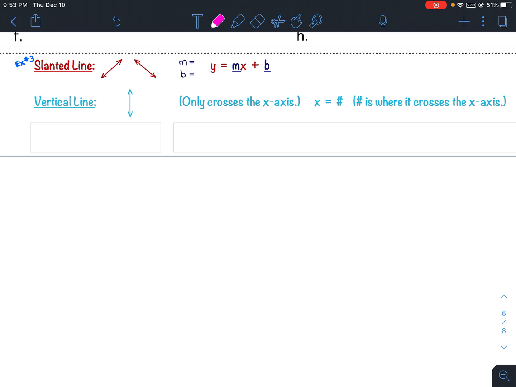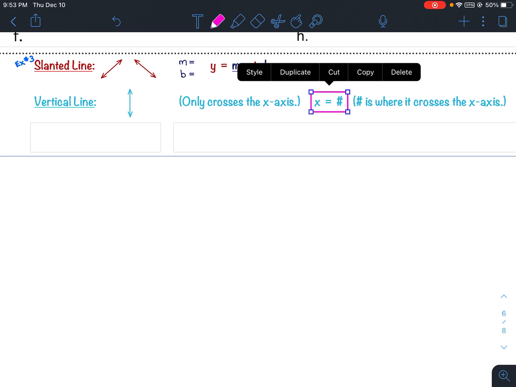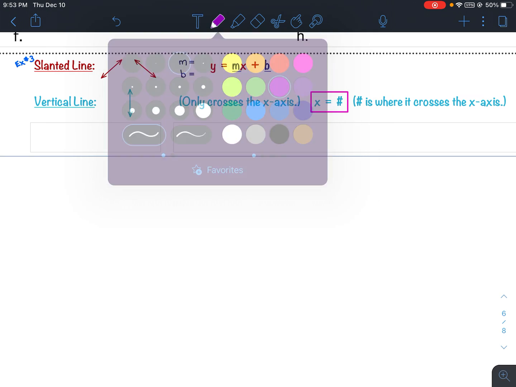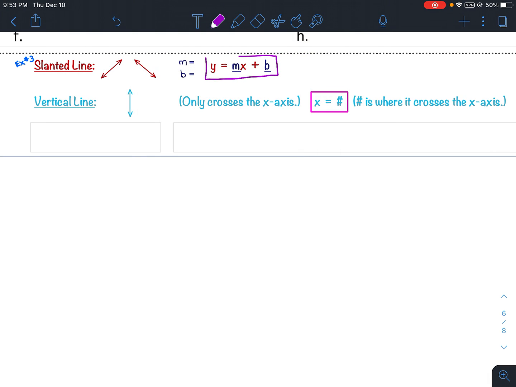So your equation is going to look like x equals a number, and that number is where it crosses the x-axis. It won't look like y equals mx plus b. Again, for vertical lines, it's going to be x equals a number.